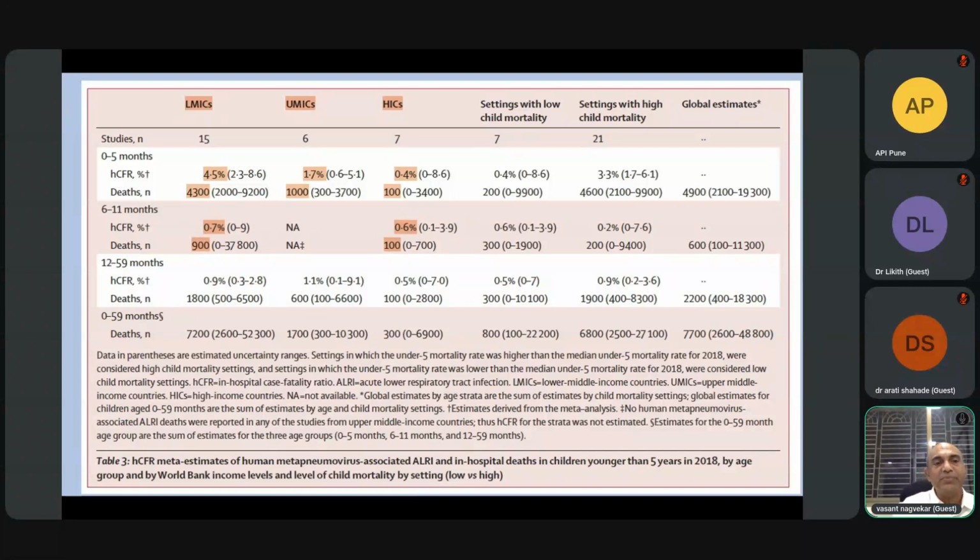So HMPV and RSV below 6 months of age has definitely been a concern over the last 24 years. It is nothing new that it started in December 24 or January 25. It has been there for a long time. The pediatricians and neonatologists have been handling these cases, and they have much more exposure to them.